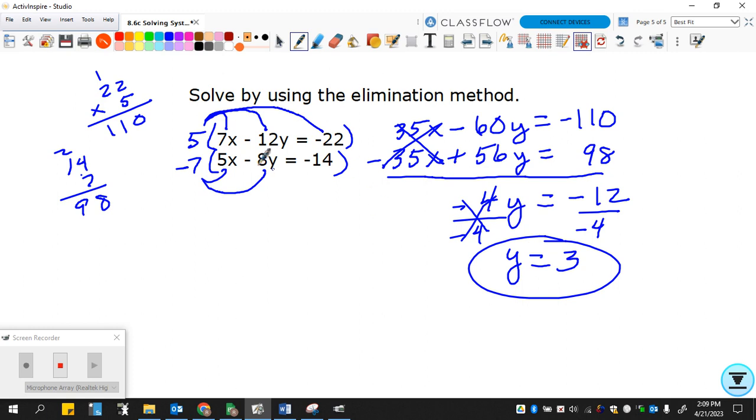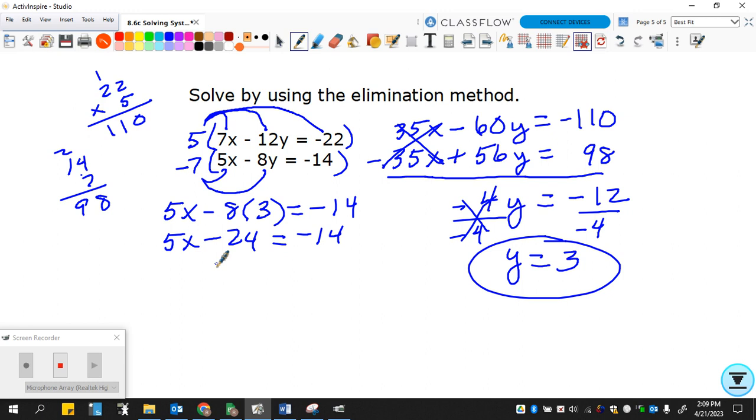Substitute it back into the original equation. I'm going to substitute it into the bottom one, just simply because they're smaller numbers. So we have 5x minus 8 times 3, because y is 3, is equal to negative 14. Okay? 5x minus 24 is equal to negative 14.